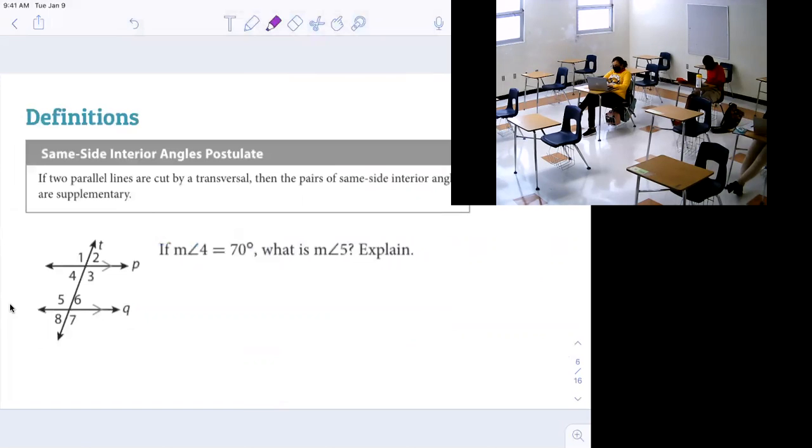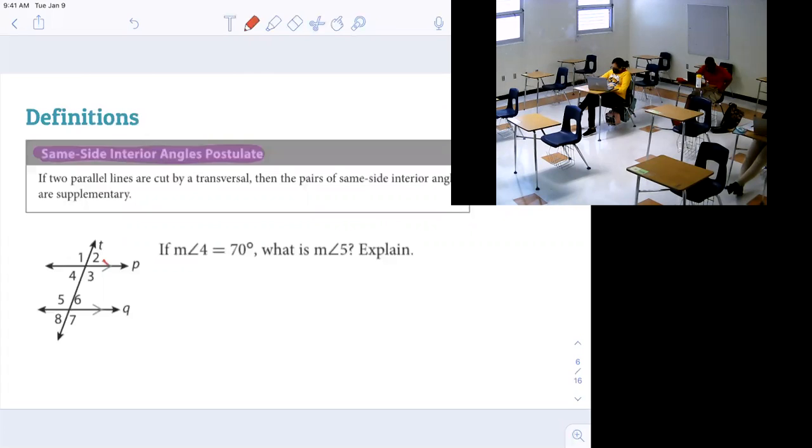Here, let's look at this postulate. Can I have a volunteer read the postulate nice and loud? If two parallel lines are cut by a transversal, then those pairs of same side interior angles are supplementary. Perfect.